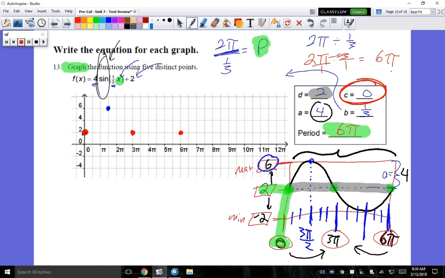So again, let me do that again. 1, 2, 3, 4, 5, 6, 7, 8, 9 pi over 2 is where my minimum value is going to be on the graph at -2. Or if you wanted to eyeball it and see halfway, 9 pi over 2 is going to be at -2.